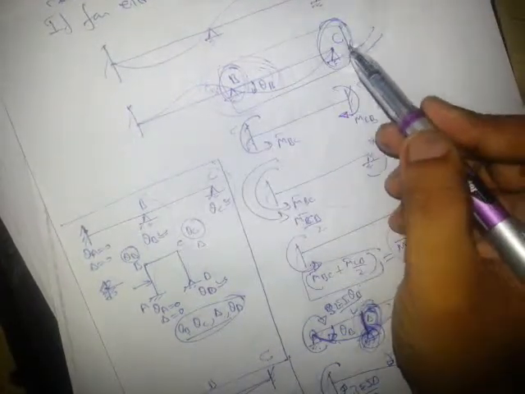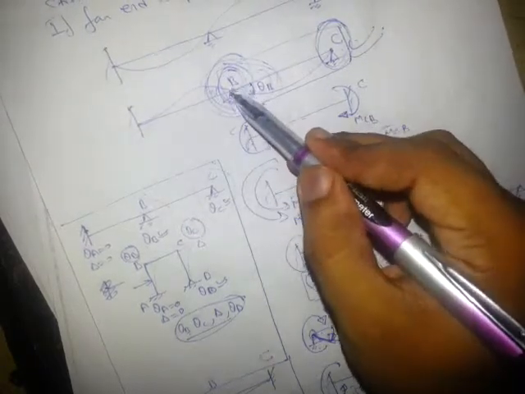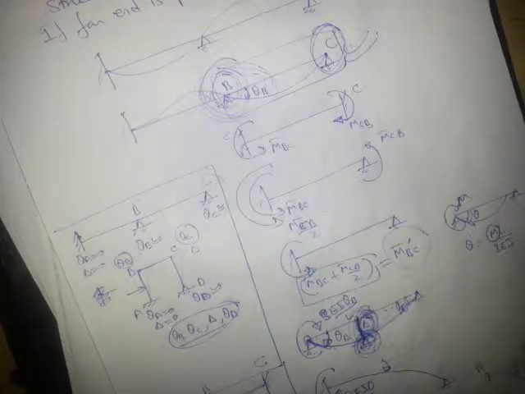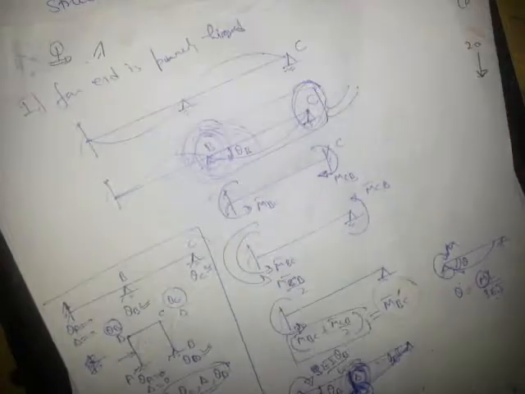Means one unknown is less. So we require only one equation, the joint equilibrium of B. Right? So we will solve all the questions using that approach only. Right? See how.